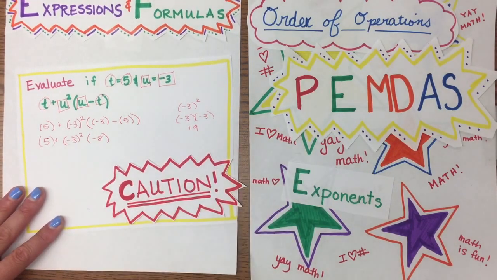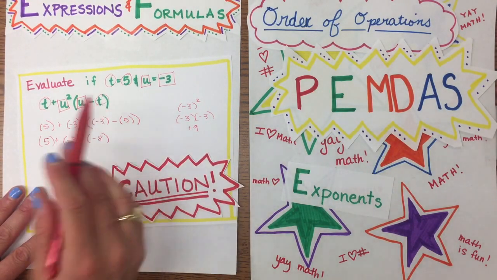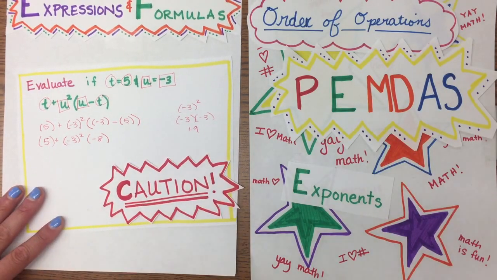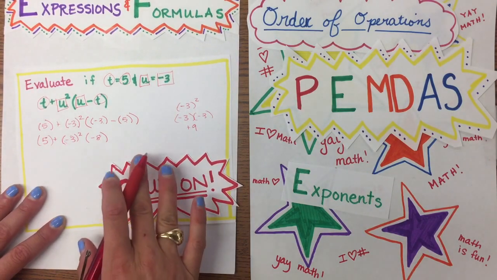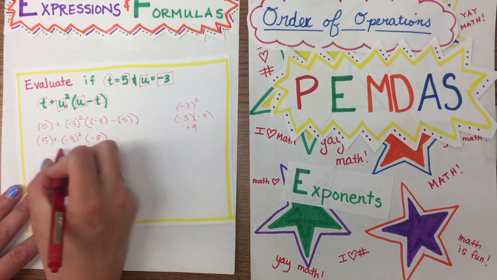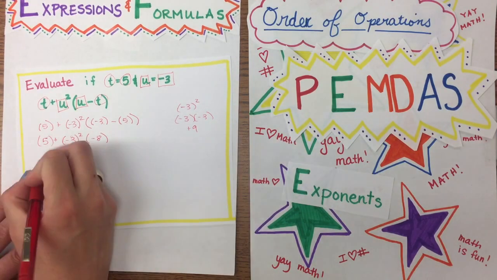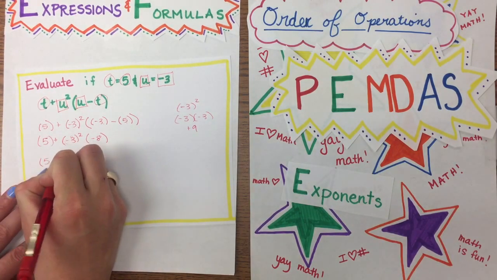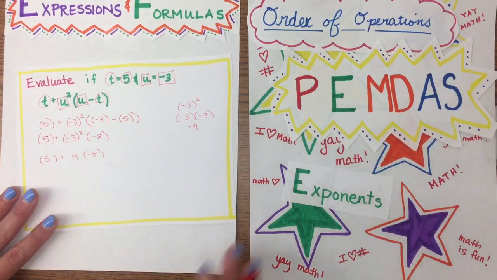Remember to use caution when squaring a negative number. This is why I like to use parentheses, to make sure that I'm not accidentally doing the negative of 3 squared. I'm doing the quantity -3 squared. So I'm going to replace the quantity -3 squared with +9. So this becomes 5 plus 9 times -8.